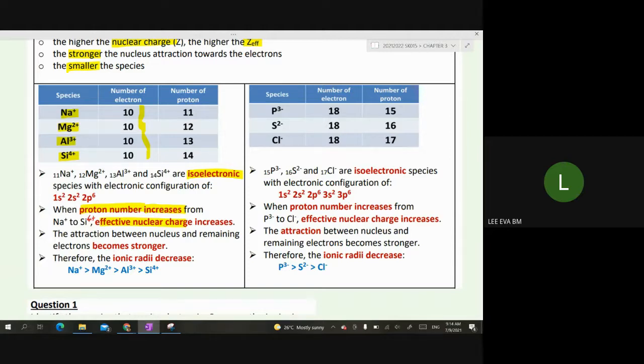Ataupun kalau soalan hanya bagi awak sodium dengan magnesium ataupun magnesium dengan silikon, awak boleh bandingkan. Okay, silikon lagi kecil daripada magnesium contohnya. Sebab kita bandingkan dia punya proton number. So the trend over here, sodium positive is the biggest, and then silicon 4 positive is the smallest among these 4 species.